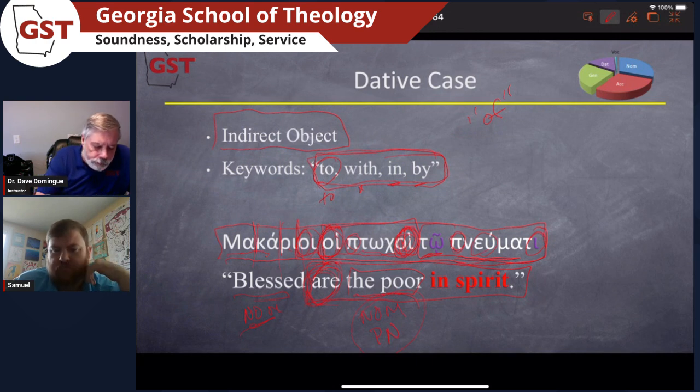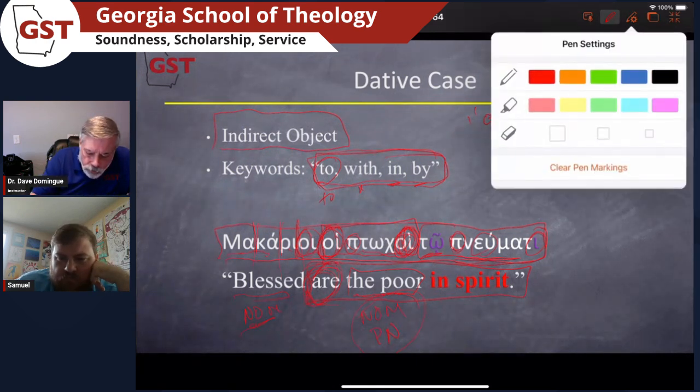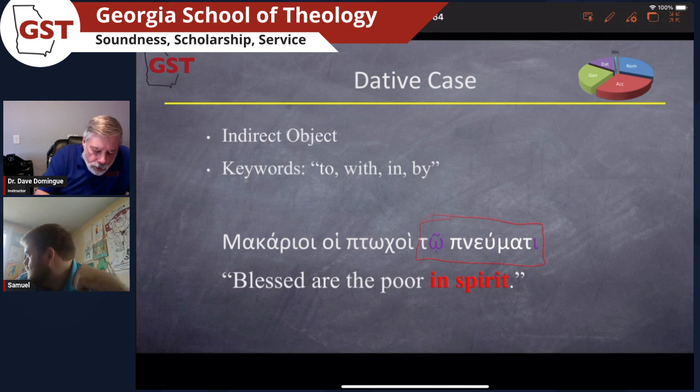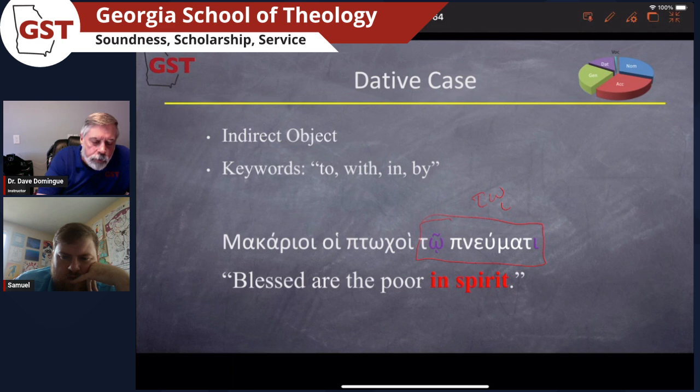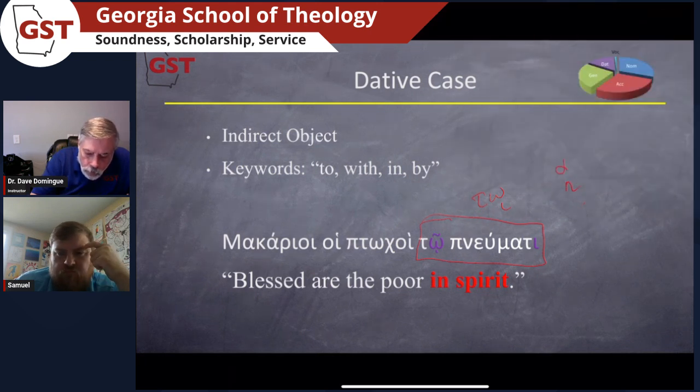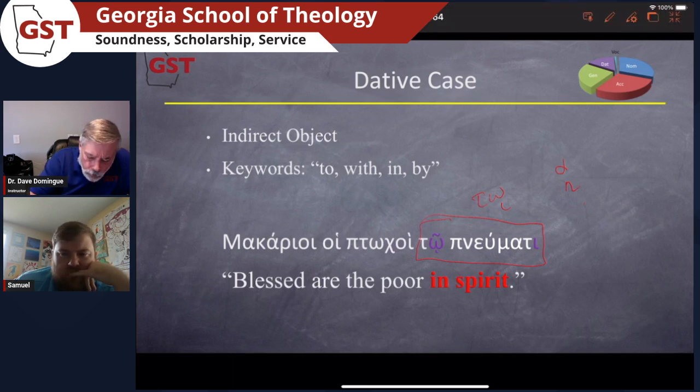That's fine. Let me clear this and point out something here. So here is the dative. Notice this omega and the subscript iota. Do you remember when we talked about this?